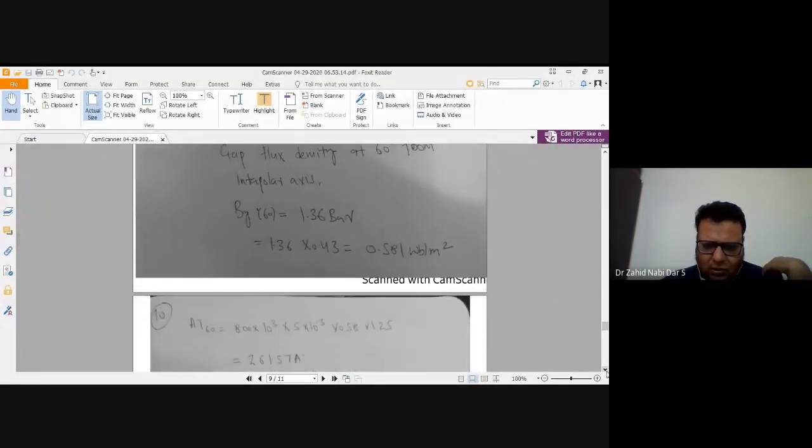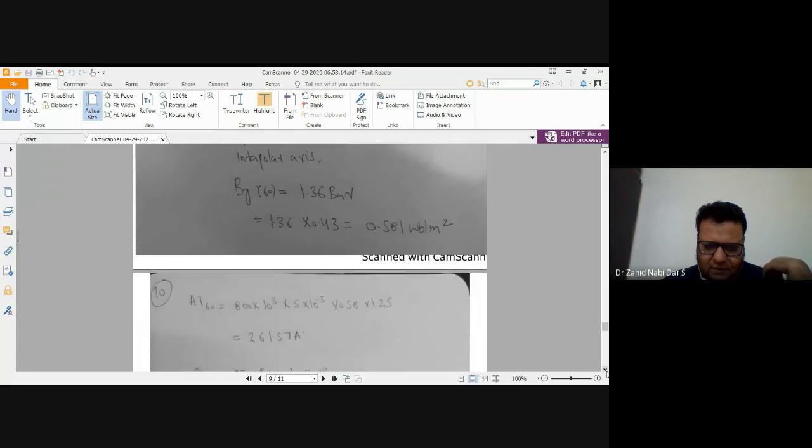So now you have to calculate your ampere turns. So ampere turns would be how much? It would be 800,000 kW, LG and BAV, that equation.